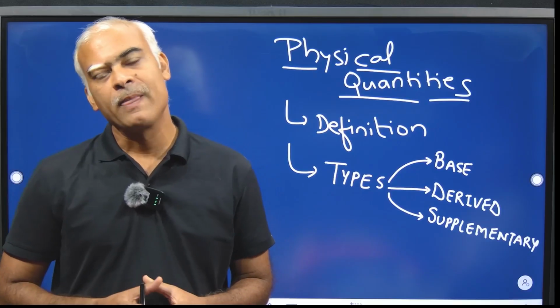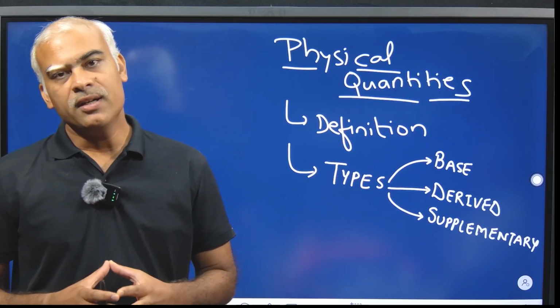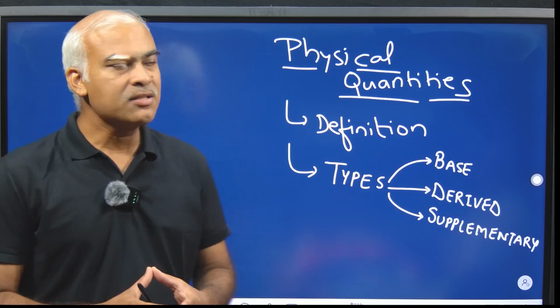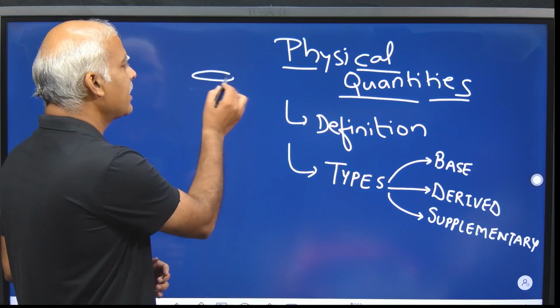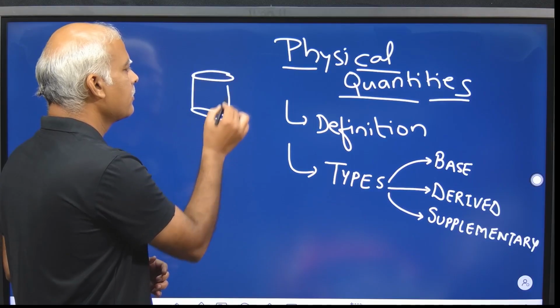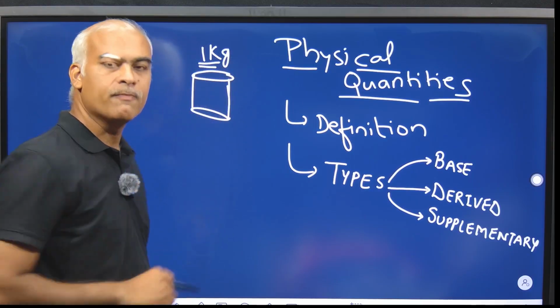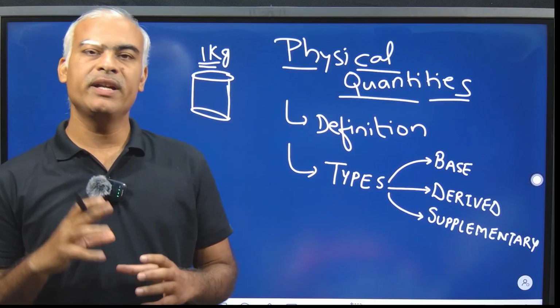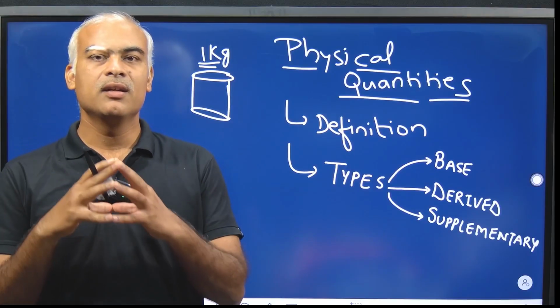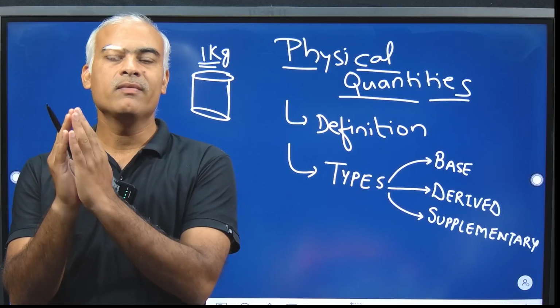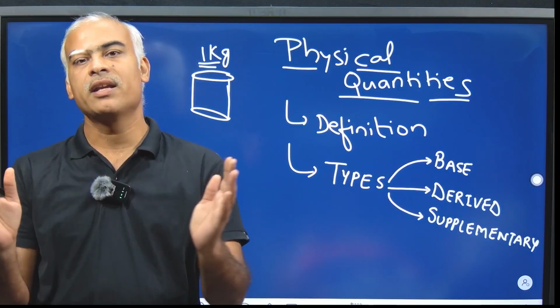For example, in a French laboratory, usually we have a platinum iridium cylinder that is of mass 1 kg, and that 1 kg platinum iridium cylinder is a reference for the measurement of any mass in the scientific community.